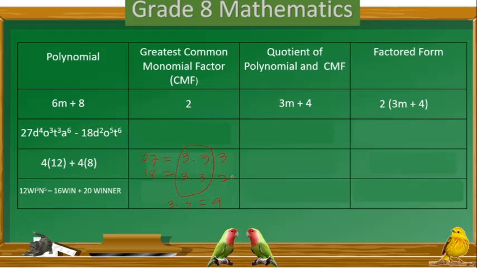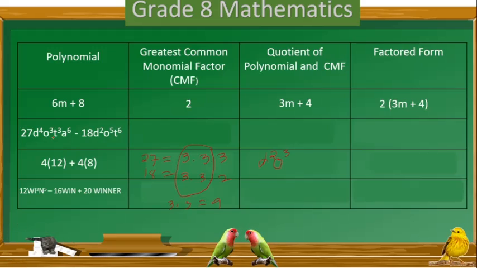How about the literal part? We have to find out here d to the 4th and d squared. As I said, you have to select the least value of the exponent. So from there we choose d squared. Then for o we have o cube and o to the fifth, so we will select o cube.